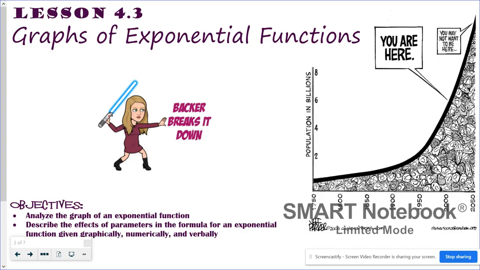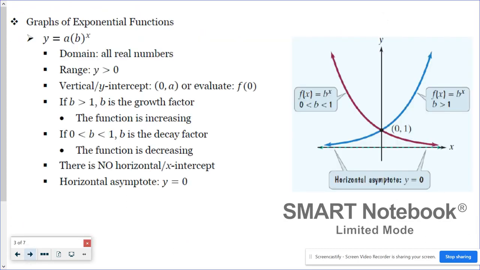In this episode, we are going to analyze the graph of an exponential function. So exponential functions have one of two general shapes, right? The graph in blue here is showing an exponential growth function. Growth occurs when the base of your exponential function is greater than 1.